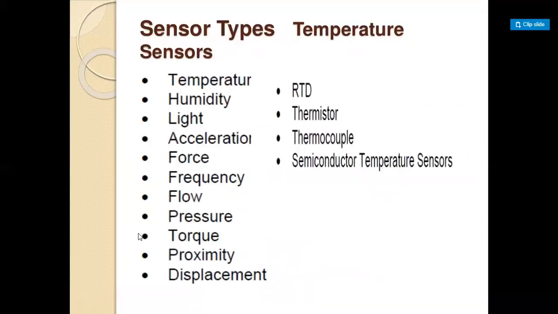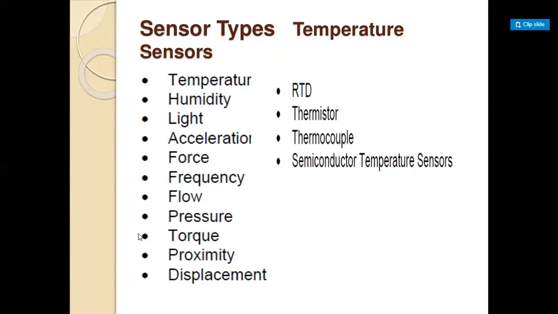Sensor types, these are the sensors. In the starting of the video, I told you about temperature, humidity, acceleration, speed, flow, force, torque, thermocouple, thermistor, semiconductor temperature sensor, displacement, frequency. These are the temperature sensor types.